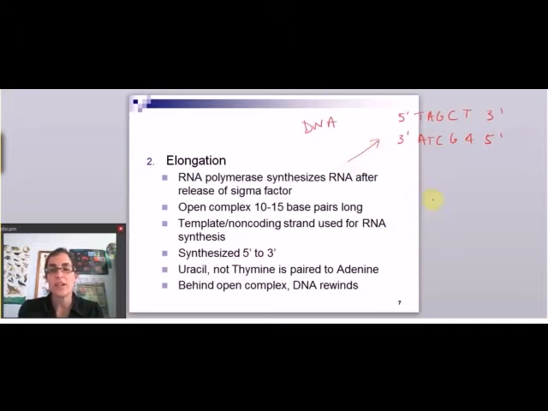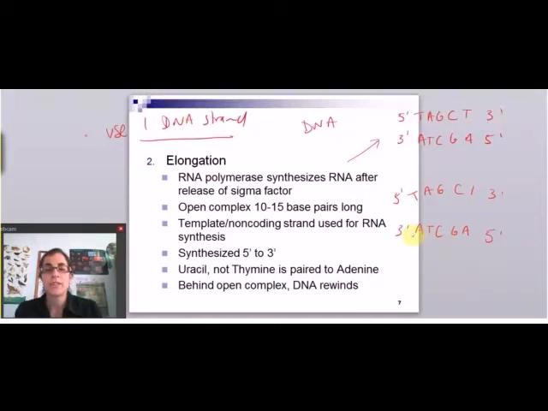So just like in DNA replication, in order to get in there, RNA polymerase is going to have to peel these apart a little bit. Okay, but unlike with DNA replication, it's only going to read one strand. So RNA polymerase is only going to use one DNA strand. Okay, it's not going to copy both, it's only going to copy one.